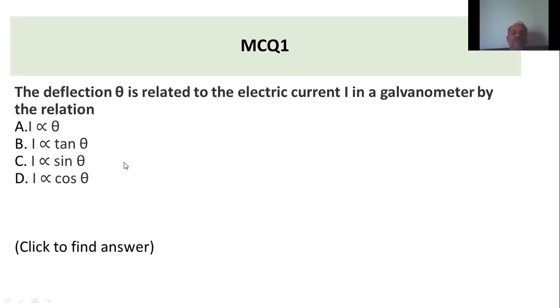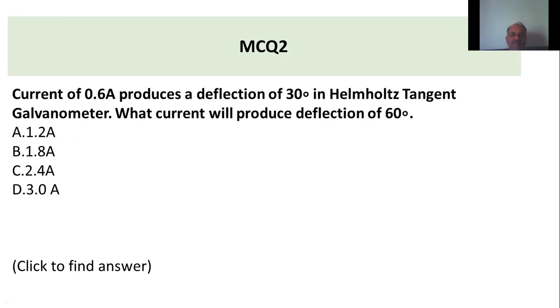MCQ: the deflection is related to the electric current I in a galvanometer by the relation. These relations are there. The result is that I is proportional to tan θ, so B is the answer. Next: a current of 6 amperes produces a deflection of 30 degrees in a Helmholtz tangent galvanometer.